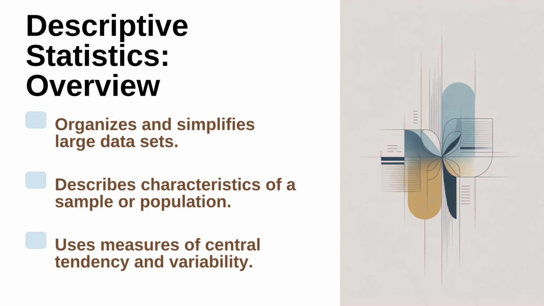They describe the characteristics of that sample or population, such as their age, weight, or satisfaction level. Descriptive statistics often use measures of central tendency and variability. These are two key concepts that show what's typical in the data and how spread out it is.